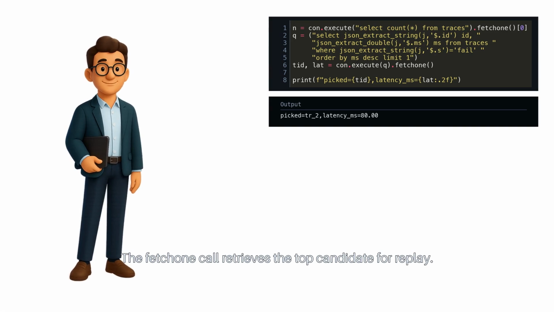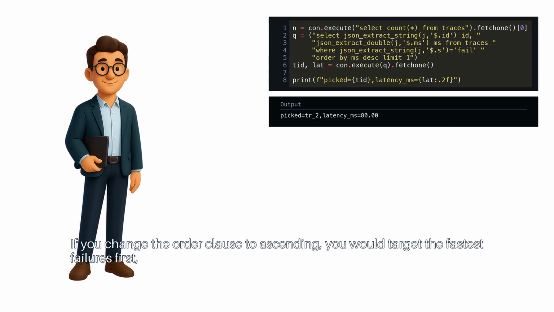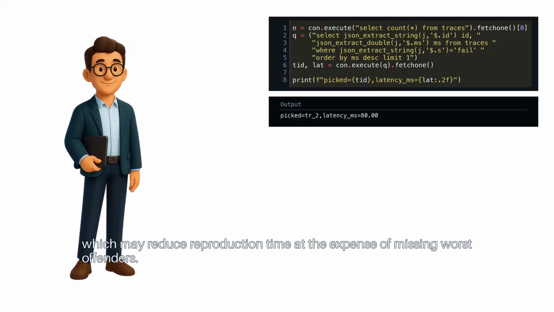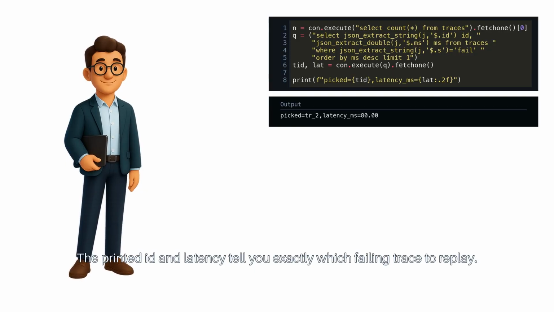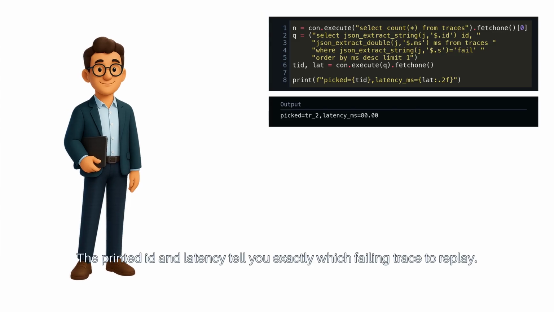The fetch one call retrieves the top candidate for replay. If you change the order clause to ascending, you would target the fastest failures first, which may reduce reproduction time at the expense of missing worst offenders. The printed ID and latency tell you exactly which failing trace to replay.